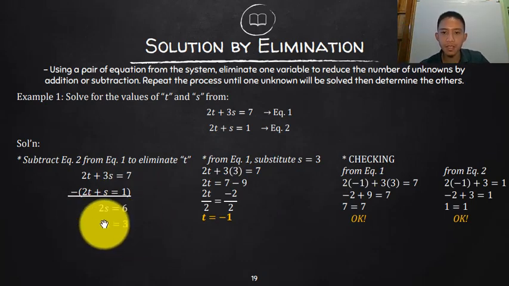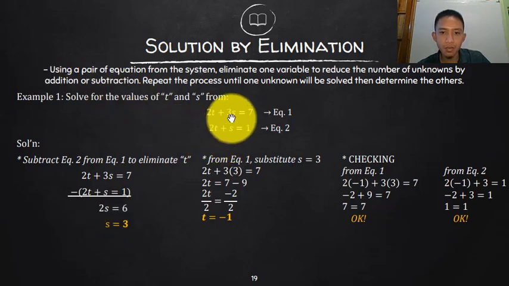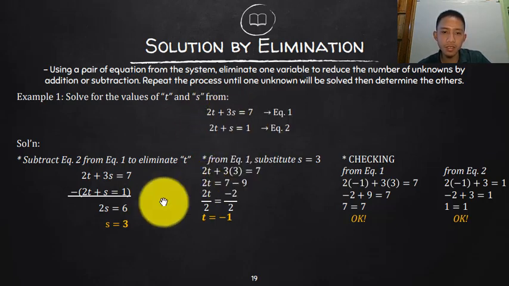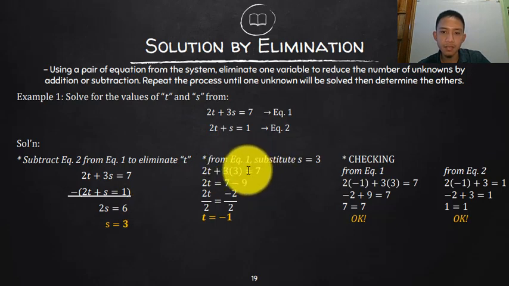For me, you can choose equation 2 or equation 1. I will choose, let's say, equation 1. So 2t plus 3, your s is 3, equals 7. Manipulate that one. This is 3 times 3, which is 9. That will go negative on the other side.